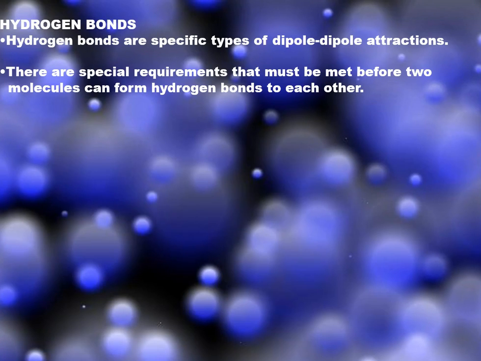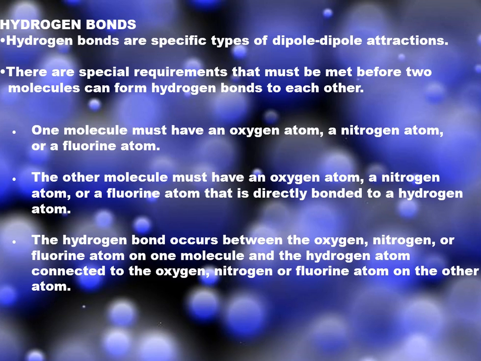Hydrogen bonding is a specific type of dipole-dipole attraction. There are special requirements that have to be met in order for two molecules to form a hydrogen bond. One molecule has to have an oxygen, a nitrogen, or a fluorine atom. The other molecule has to have a hydrogen directly bonded to an oxygen, nitrogen, or fluorine.